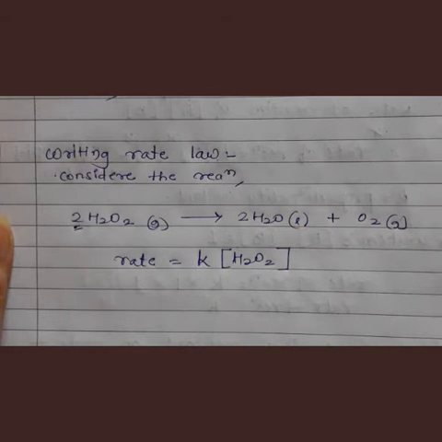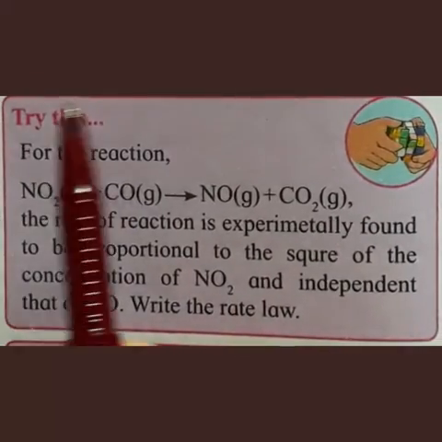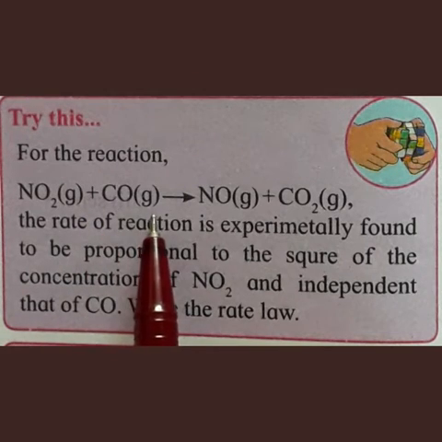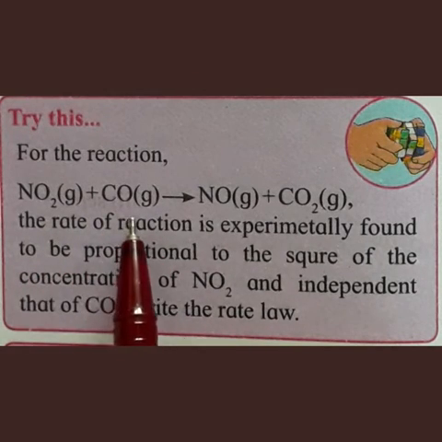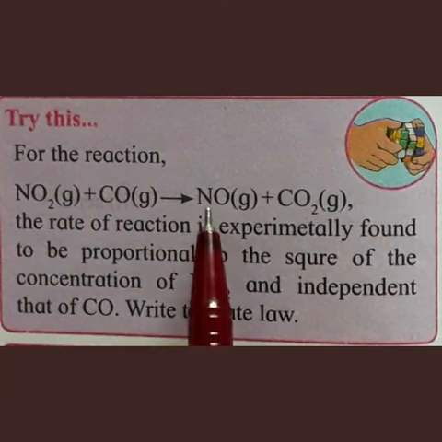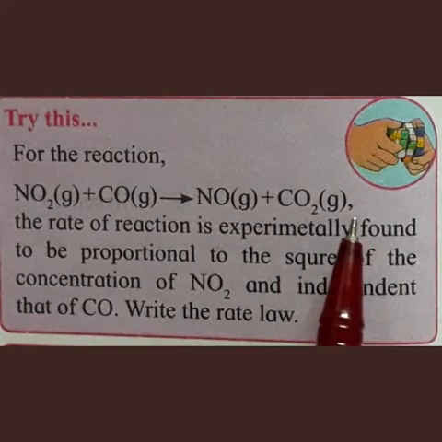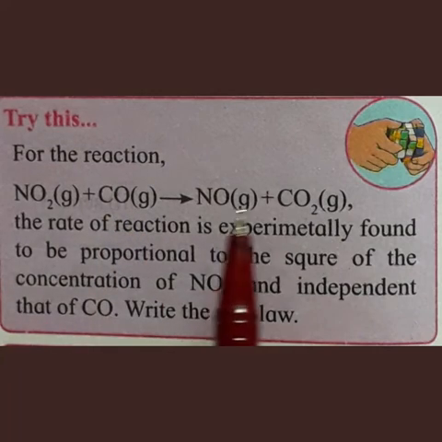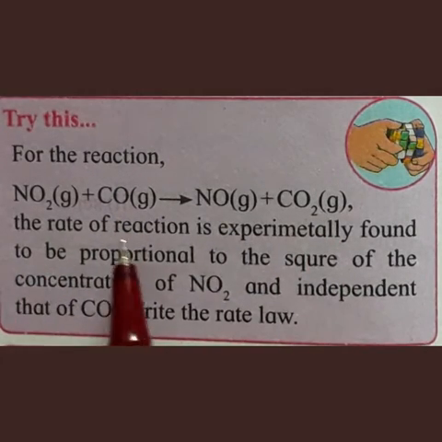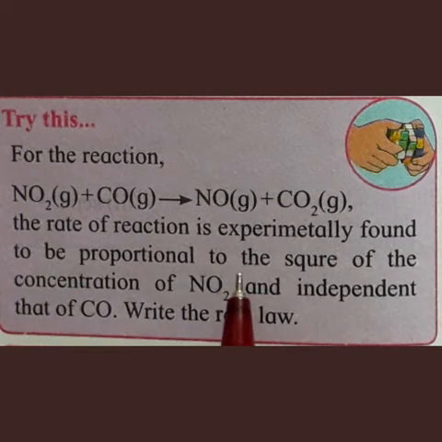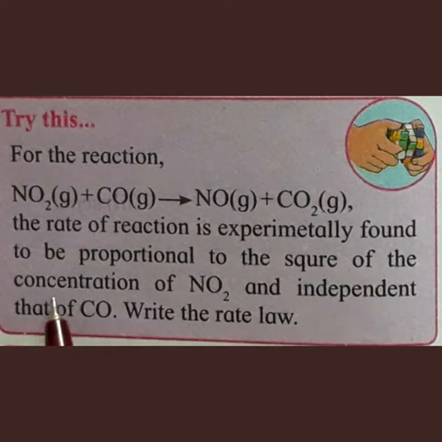One question is given in your textbook. Let us solve that. For the reaction NO2 plus CO, nitrogen dioxide and carbon monoxide, gives us NO gas plus CO2 gas. So these are the reactants and these two are products. The rate of reaction is experimentally found to be proportional to the square of the concentration of NO2.